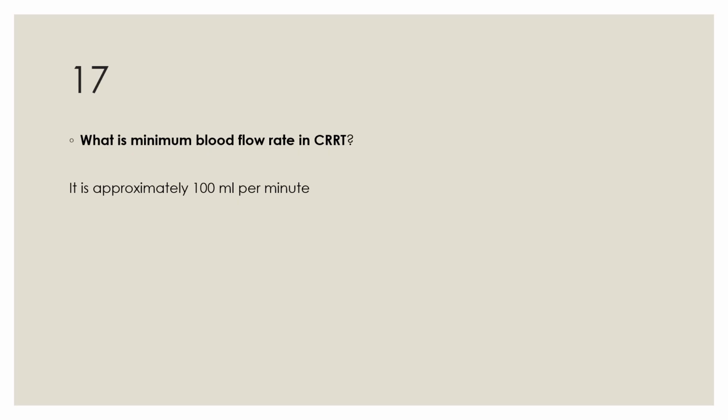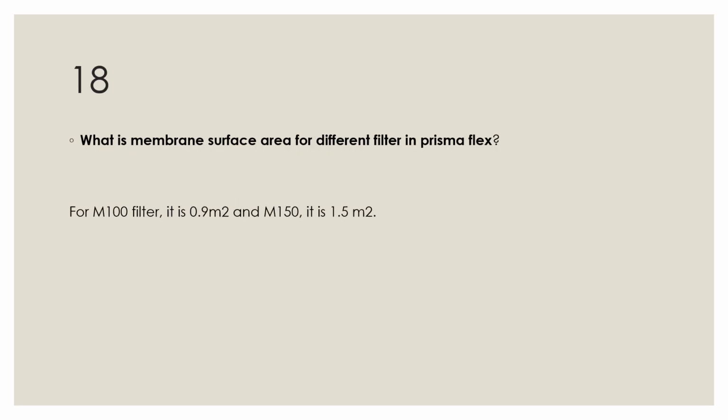It is approximately 100 ml per minute. What is membrane surface area for different filters in Prismaflex? For M100 filter, it is 0.9 square meter, and for M150, it is 1.5 square meter.